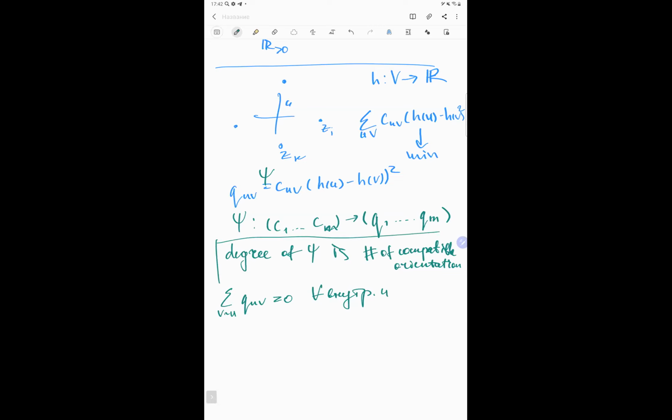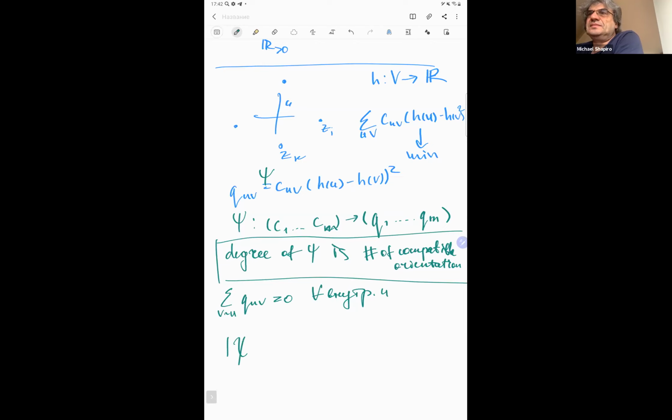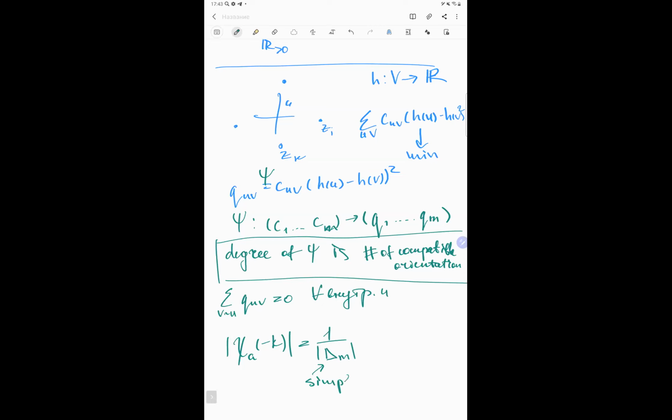So now we will use this statement that the degree of C is the number of compatible orientations, and we know that the number of compatible orientations is equal to the absolute value of the chromatic polynomial at a negative integer, and we will write that the absolute value of the chromatic polynomial of G at minus k is equal to the degree of this simplex of our conductances.